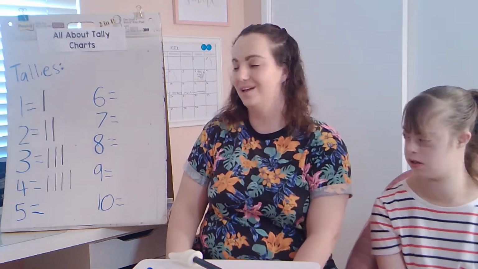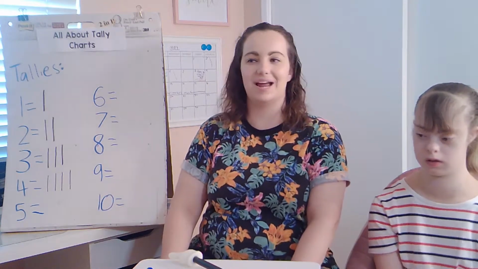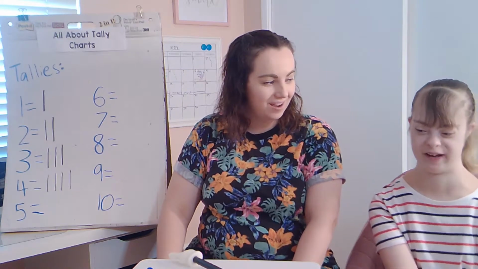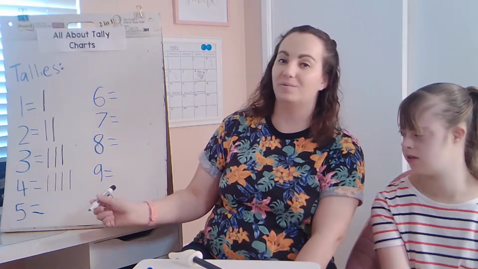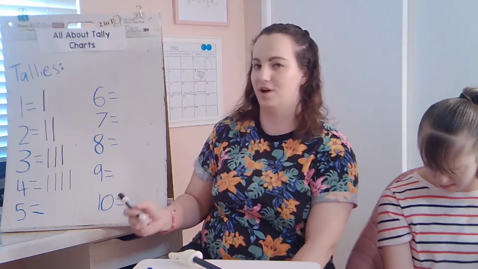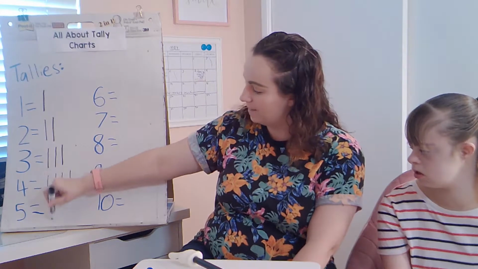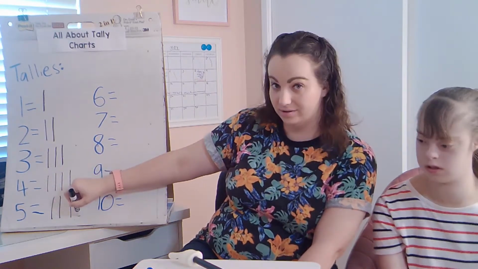Pretty cool. Then 5. How many tallies do you think I have to draw or write to show 5? I'd say 5. 5, yes, but we don't just go 5 in a row. There's something a little special about 5. Watch. To do 5 in tallies, you count it out. You go 1, 2, 3, 4.